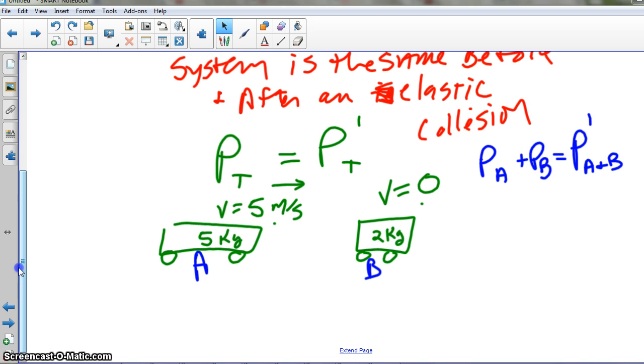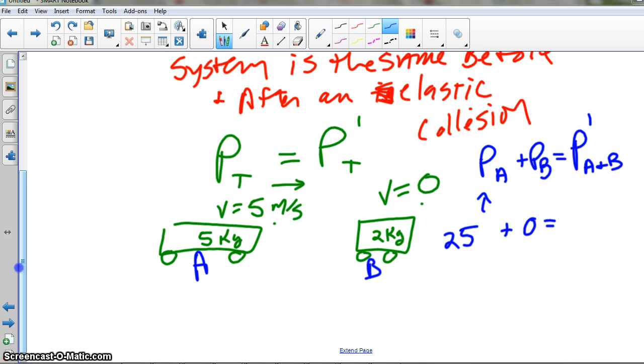So we can start plugging in what we know. What is the momentum of object A before the collision? It's 25. It's 5 times 5. And the momentum of object B before the collision? 0. And the momentum of A and B after the collision is, according to what I just wrote on the board, 25.